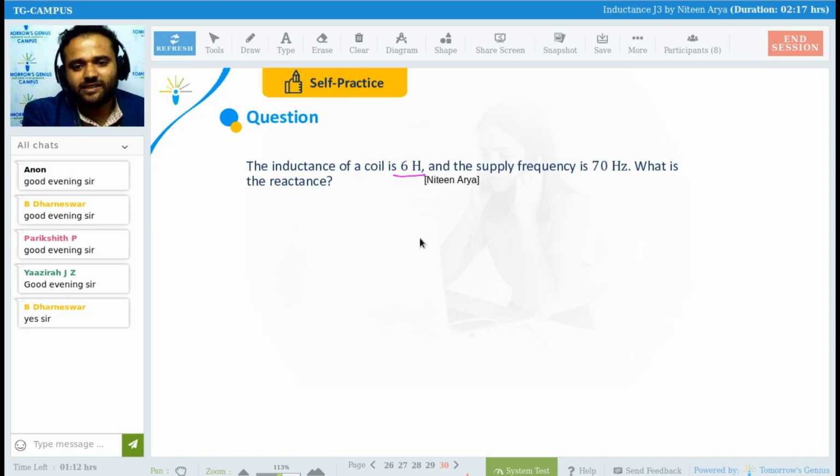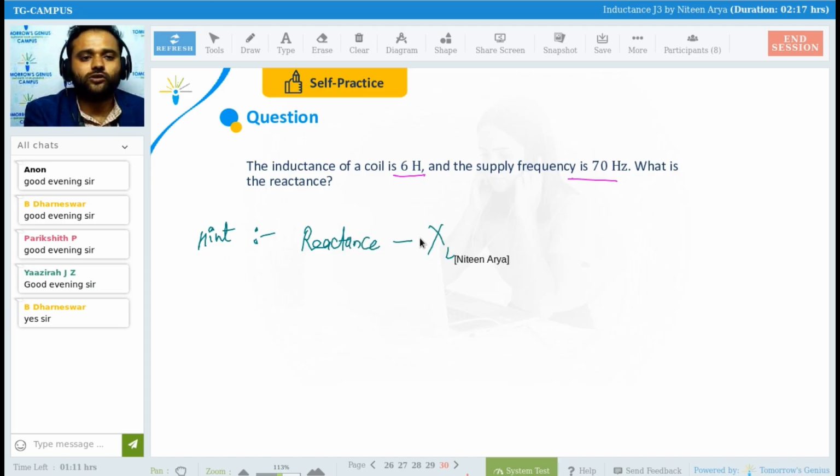The inductance of a coil is 6 Henry and the supply frequency is this. What is the reactance? Okay, this one is nice. Tell me, anyone, if they know. Reactance is omega L. I'll give you a hint.